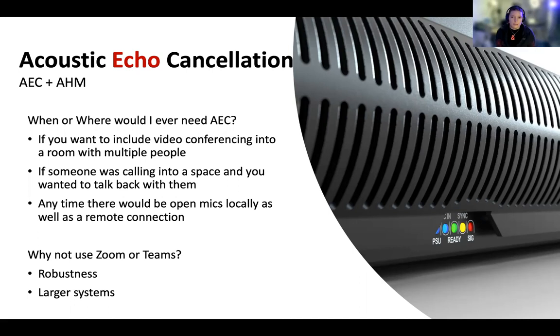With ours, we really let you get in there and program it and change it exactly to the needs of the situation. And again, if you have larger systems where it's not just me in a room with my laptop and no headphones, once you get beyond that, we now need to start doing a lot more math.